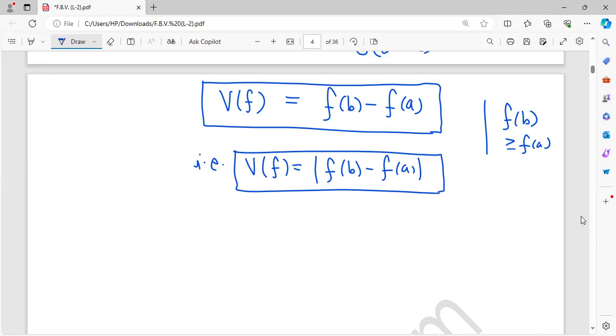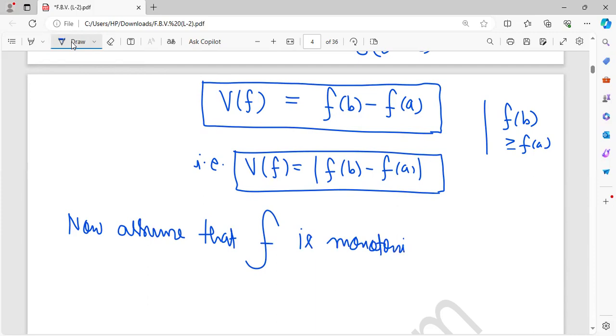Now, we will prove it for monotonically decreasing. Assume that F is monotonically decreasing.